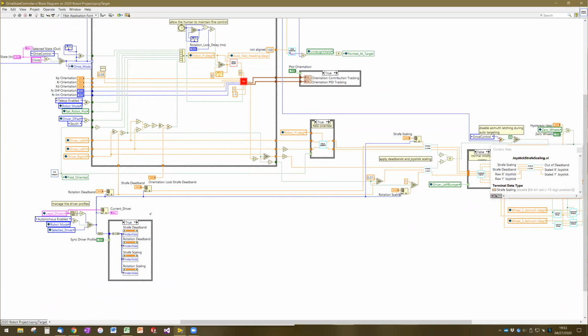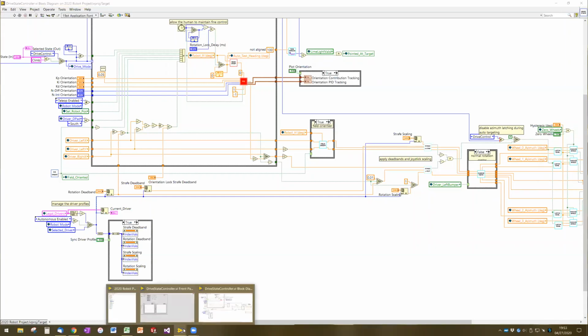Because it's kind of hard to remember who's driver 0 and who's driver 3, the drivers are named on the drop-down menu with their actual names. We've got a global variable called legal drivers that stores a list of all the drivers we set up profiles for, so you know where to change that.